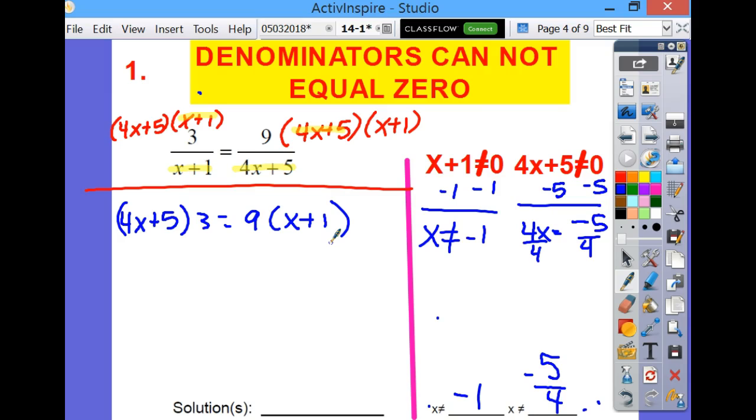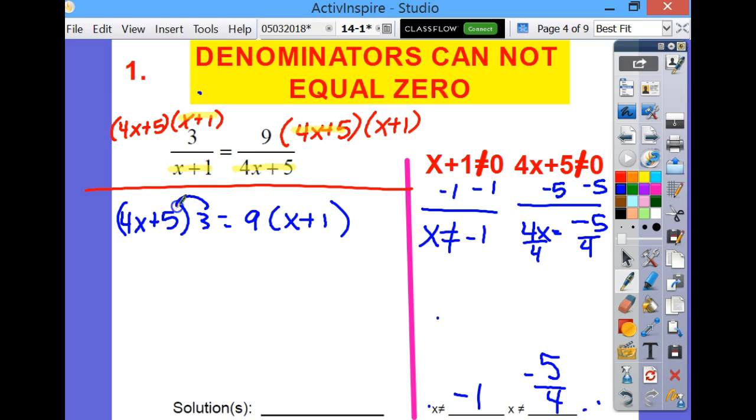Because I get exactly the same thing as I would have gotten if I just did the cross product, right? But the reason I want you to do that is because are all the problems going to be this easy? This is problem number 1. They're going to get more difficult from this, and I'll show you why in an upcoming problem. It looks like more work, but it actually saves you work.